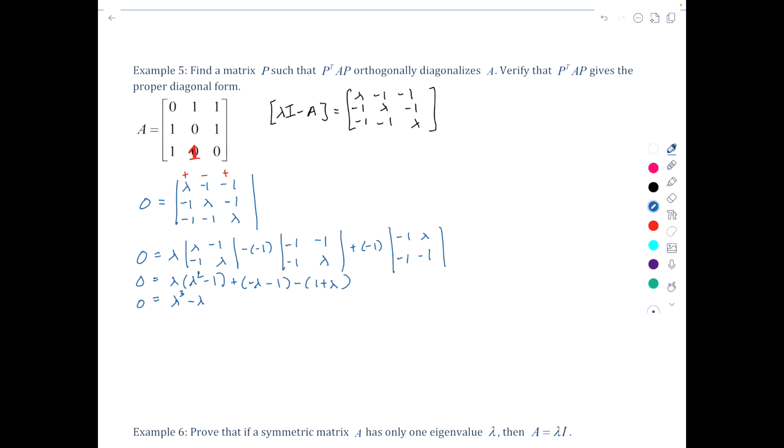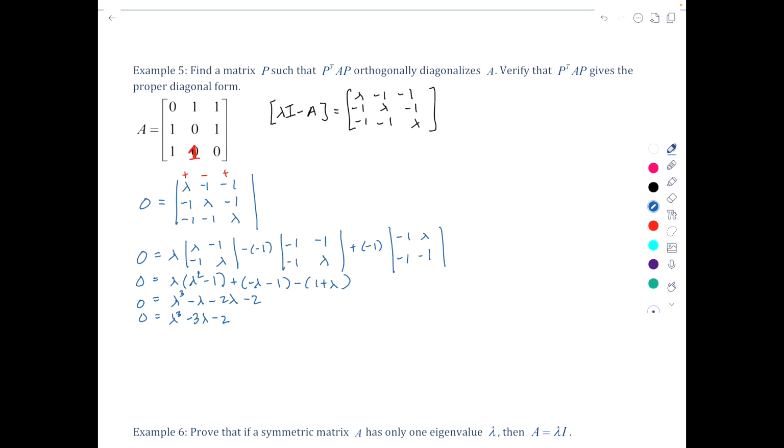And so 0 is equal to lambda cubed minus lambda, and then we'll have a negative lambda minus another lambda will be 2 lambdas, minus 2 lambdas, and then a negative 1 minus a 1 is minus 2. So this will give us lambda cubed minus 3 lambda minus 2.